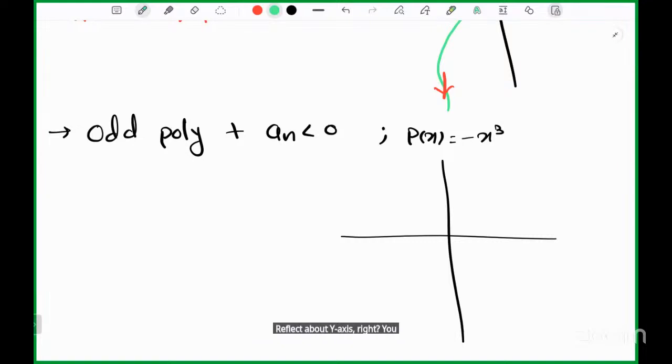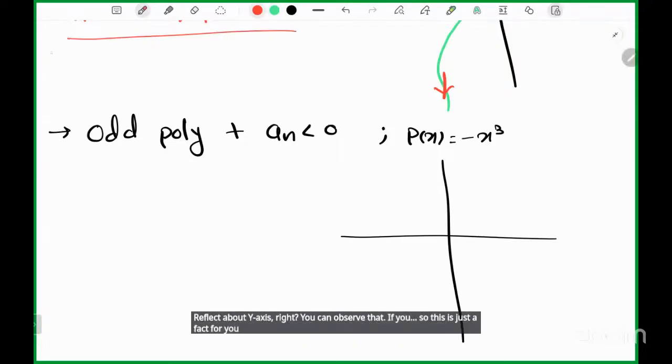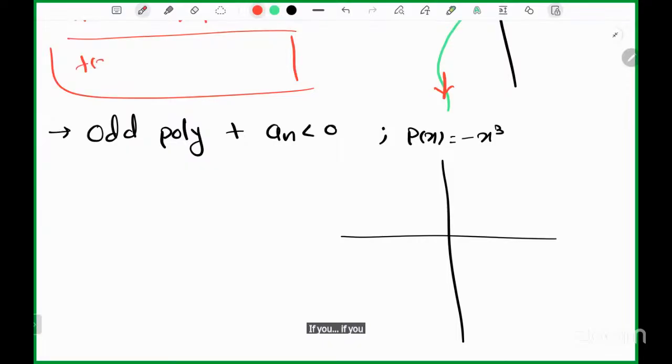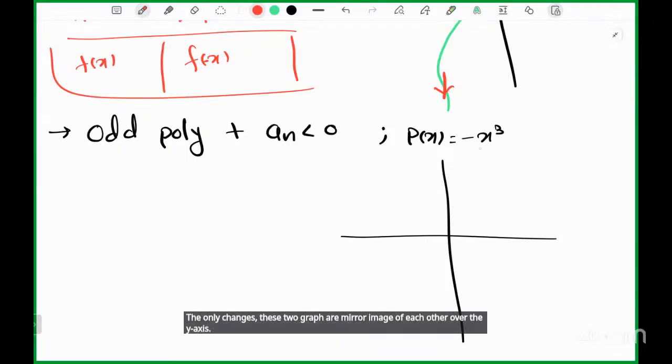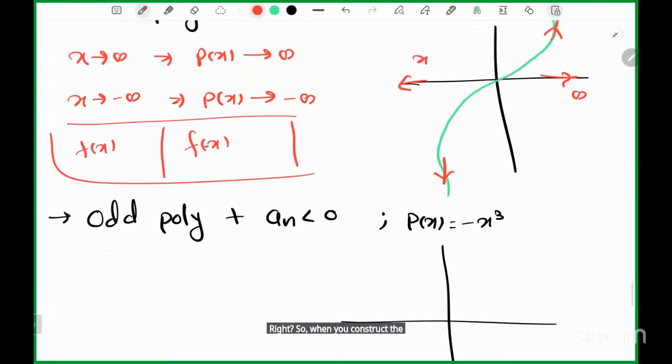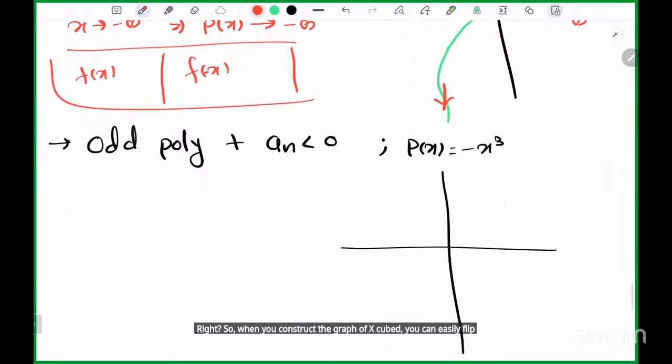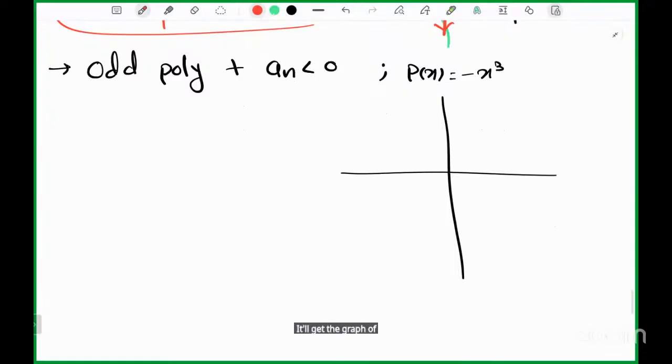The graphs of f of x and f of minus x are mirror images of each other over the y-axis. So when you construct the graph of x cube, you can easily flip it over the y-axis. You'll get the graph of minus x cube. Okay. So this is the graph of minus x cube.